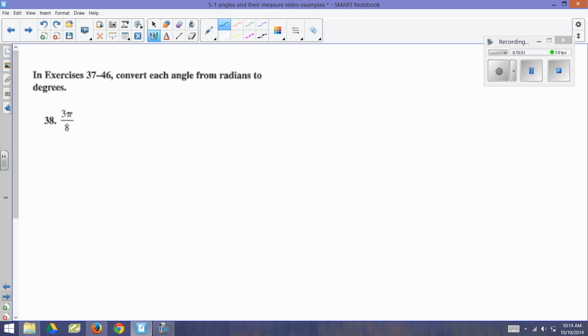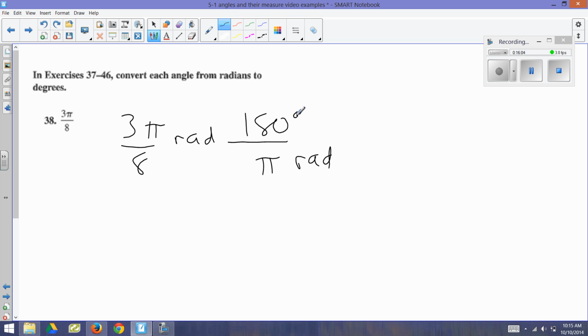Convert each angle from radians to degrees. So now I have 3 pi over 8, and my label is radians. So I need pi radians on the bottom, 180 degrees on the top. Pi's cancel out. 8, 180. It's easier to reduce before you multiply. So here, 2 goes into 8 4 times. 2 goes into this 180 9 times, or 90.